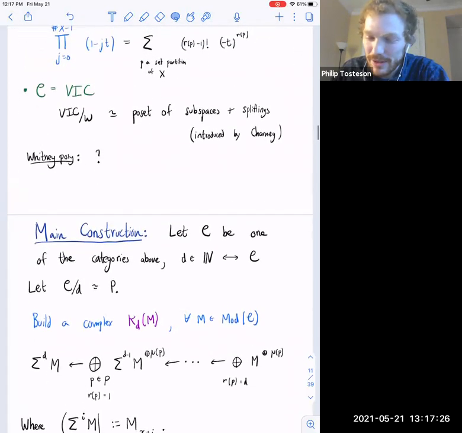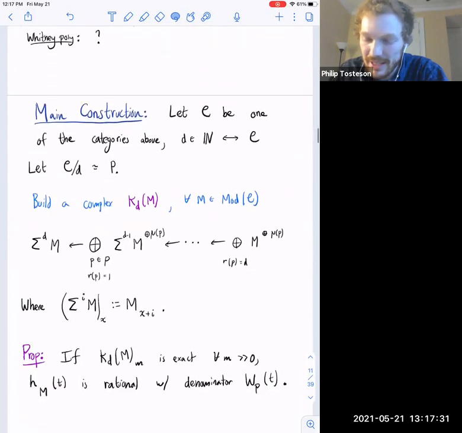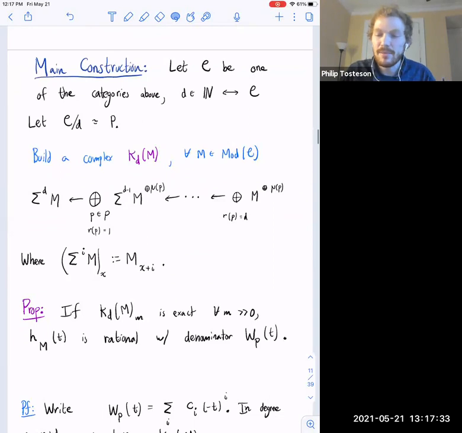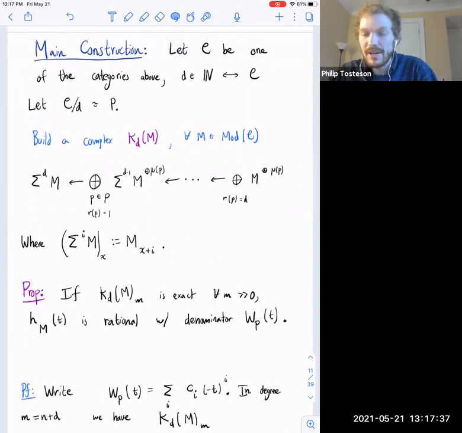Okay, so we have this connection that we're seeing between the denominators in Hilbert series and Whitney polynomials, and the construction I want to talk about is an explanation of this, a way of saying why this is happening. So I'm just going to describe the main construction when C is one of the categories above.